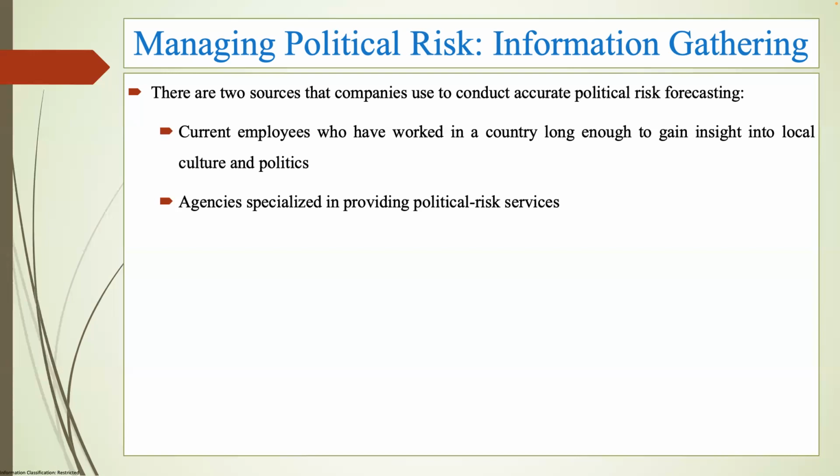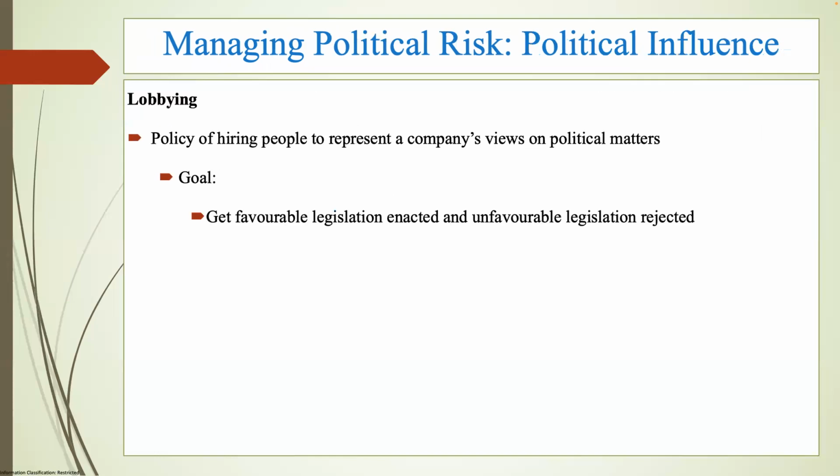Yet it is important that an employee's international experience be recent, because political power in a nation can shift rapidly and dramatically. And agencies specialized in providing political risk services include banks, political consultants, news publications, and risk assessment services. Political influence is mostly based on lobbyists. The lobbyists meet with local public officials to influence their position on issues relevant to the company.